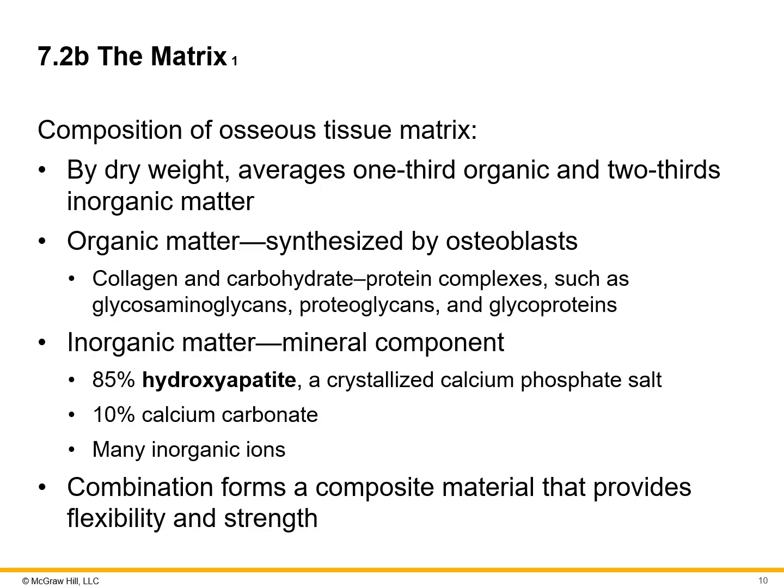It is a combination, though, of the organic portion that's going to provide protection against twists, and the inorganic portion, which is going to provide protection against compression, that will give bone an ability to be flexible and strong.